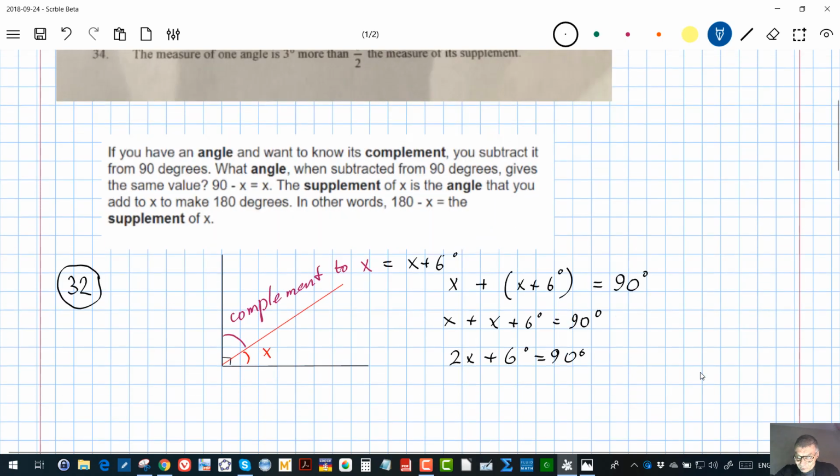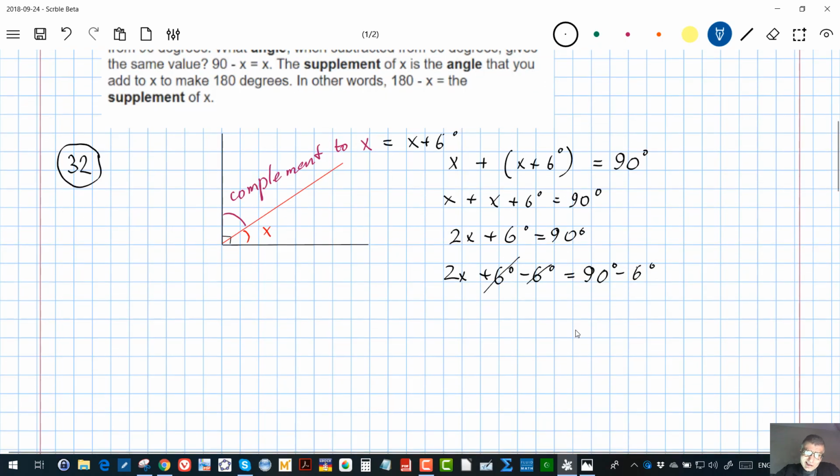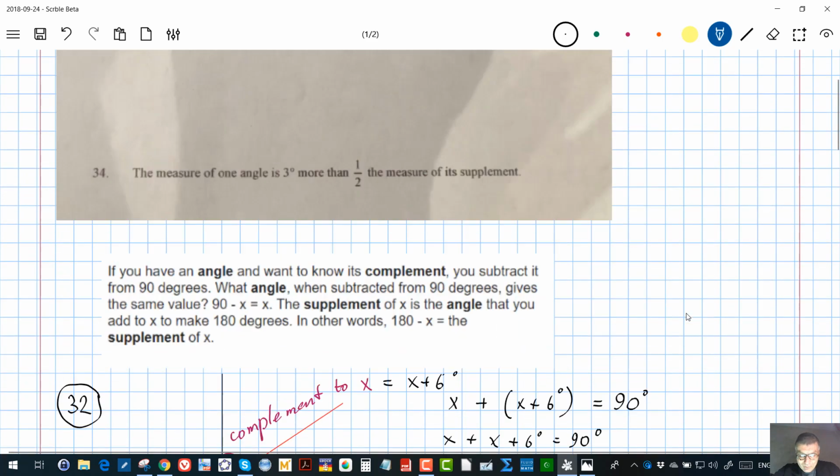Then we isolate 2x as usual: 2x plus 6 degrees minus 6 degrees, 90 degrees minus 6 degrees. 6 cancel here. 90 minus 6 is 84, so 2x equals 84 degrees. Then we isolate x. x is 42 degrees. That's our first answer.